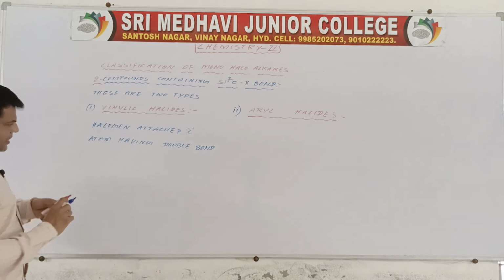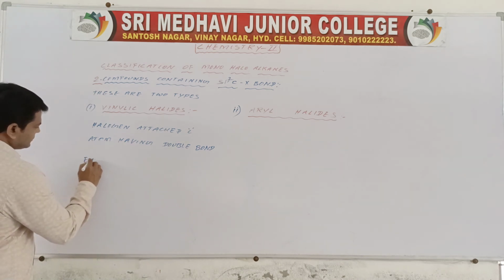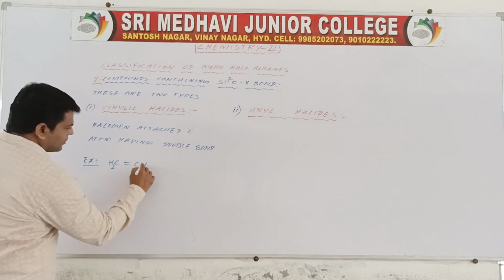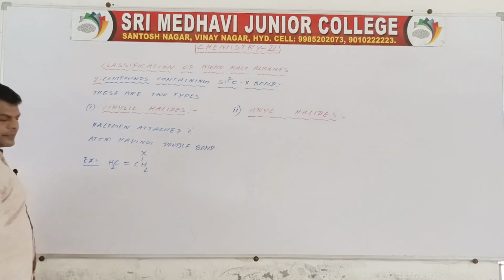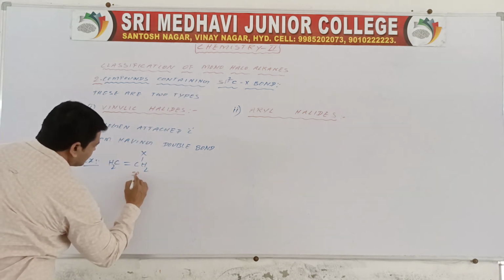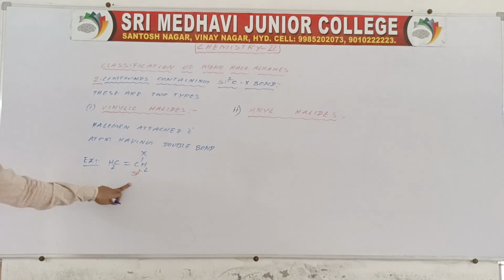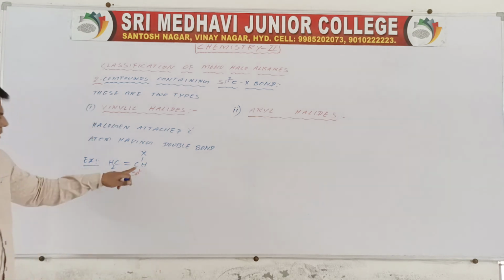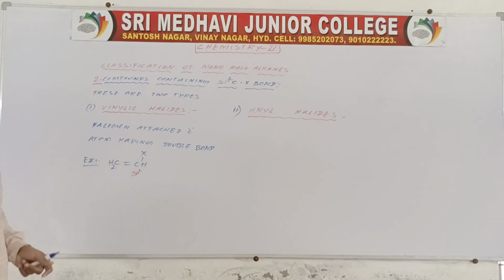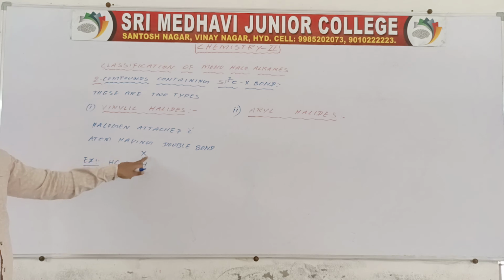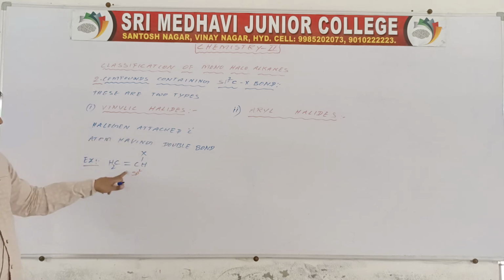Example: CH2 double bond CHX. It undergoes sp2 hybridization. The carbon atom undergoes sp2 hybridization 1, 2, 3, and here X is attached.